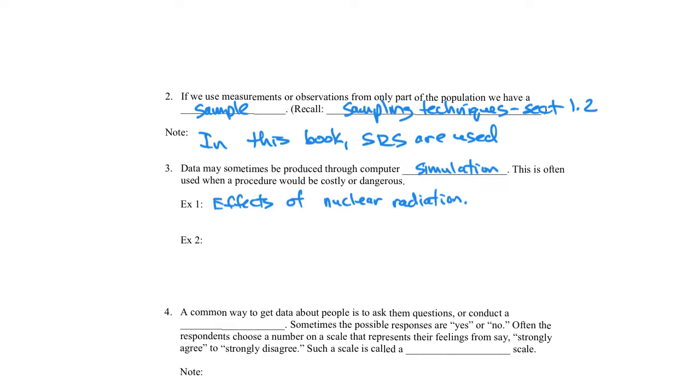So we don't set off nuclear bombs anymore, at least not in the United States, right? We've got really good computer models, so we can predict pretty accurately what's going to happen, because we understand the physics, and we have experimented in the past, so our models are really good here.